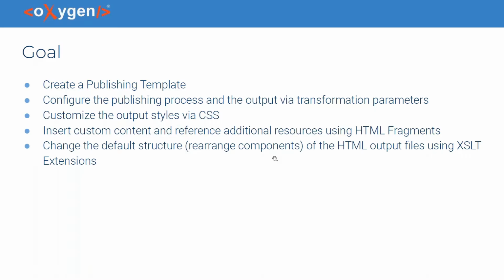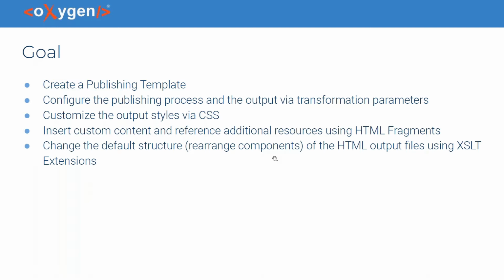The purpose of today's webinar is to explore some of the available customization options for the WebHelp responsive output. First of all, I will show you how to create a basic customization package. Next, we will configure the WebHelp transformation using some of the available parameters.